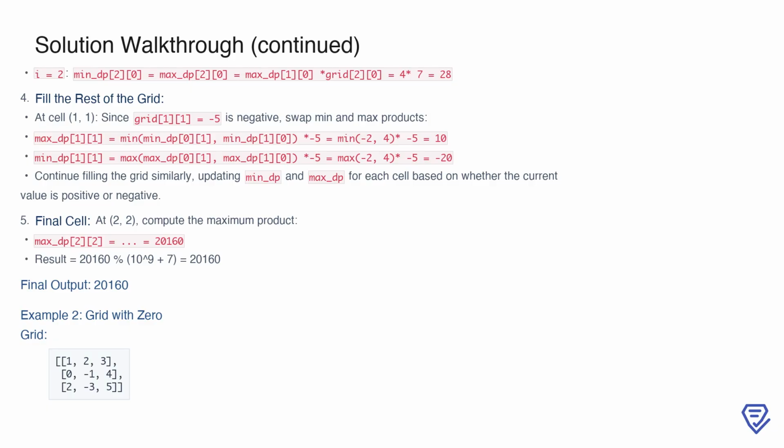This process continues for the rest of the cells, updating the min_dp and max_dp matrices depending on whether the grid value is positive or negative. Finally, at the bottom right corner, 2, 2, the maximum product is calculated to be 20160. Since the result must be returned modulo 10 to the power of 9 plus 7, the final output is 20,160.